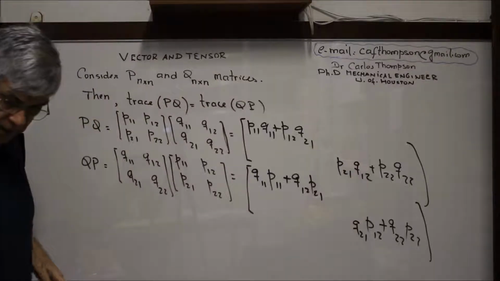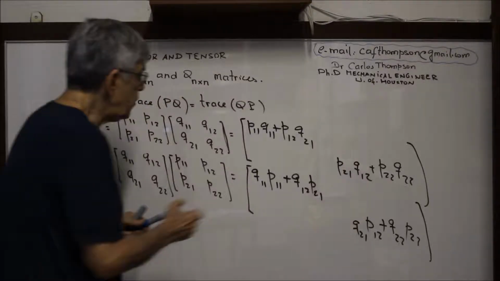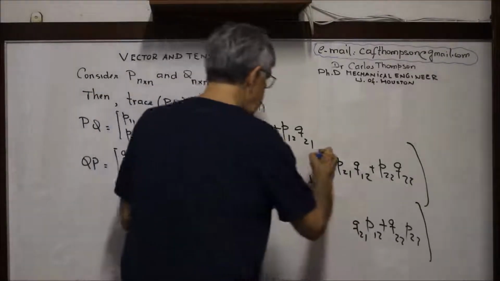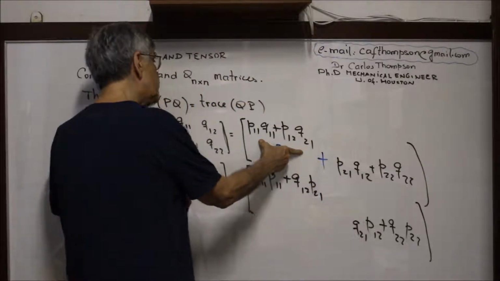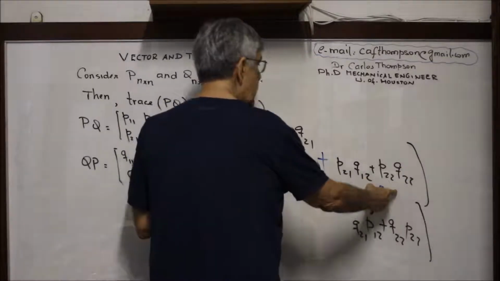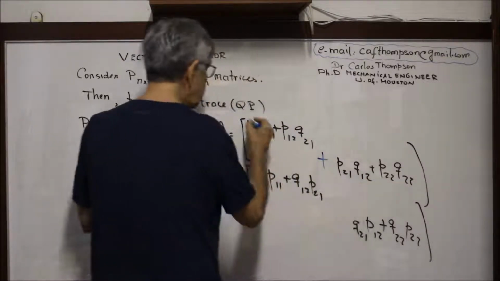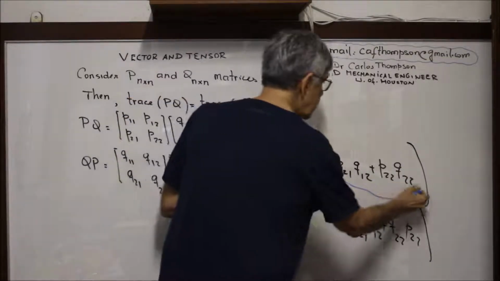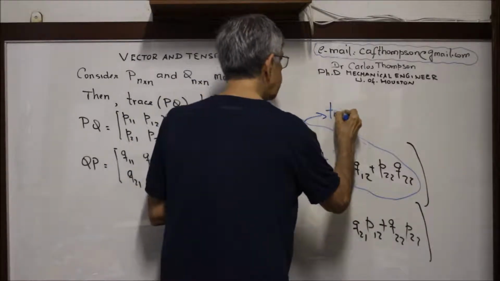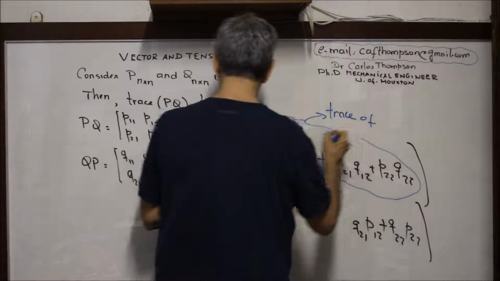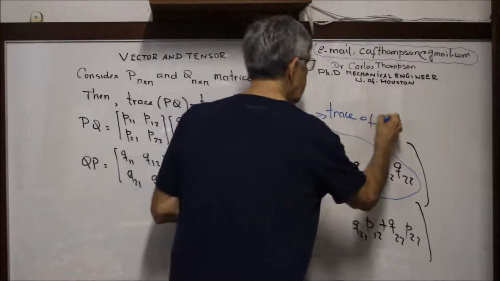Now you see, if you add this first row, first column plus second row, second column, you see, this is the trace of PQ.